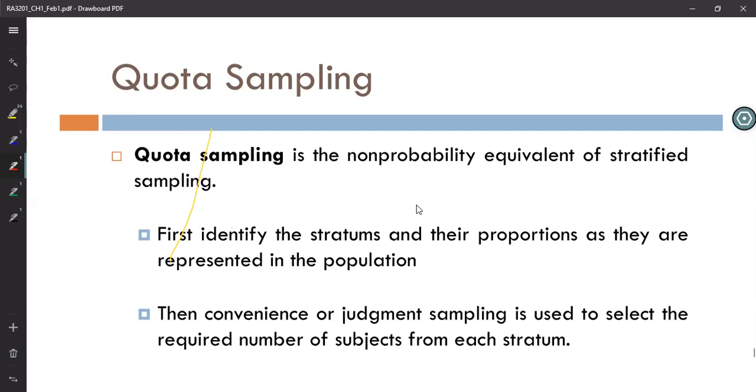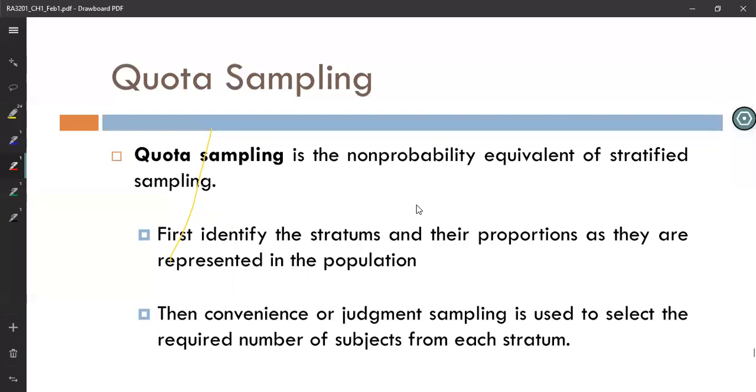You do not know for sure the proportion of male to female is 70 to 30. There's no information about it, but from the experience of the researcher, he or she knows it's not 50-50. Usually males are higher and females are low. Then just roughly this person says, okay, I'll go for 60-40 or 70-30.